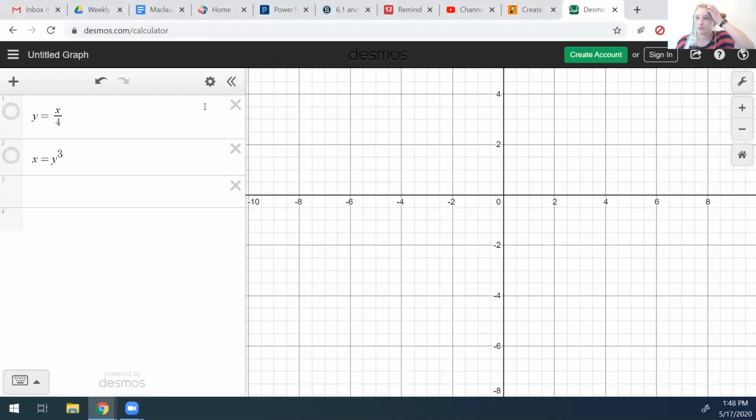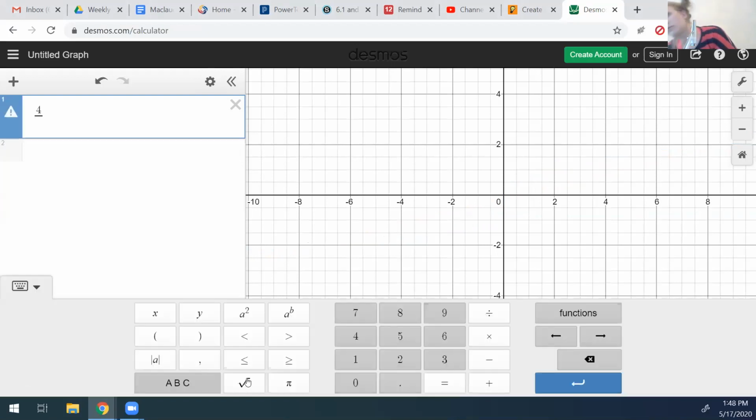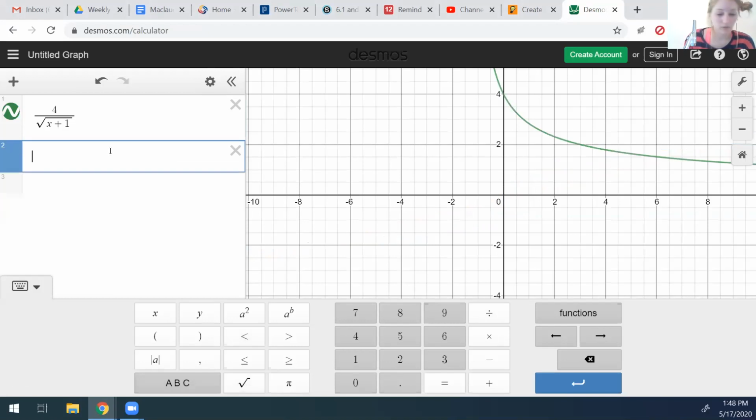I'm going to go ahead and graph these. So we have 4 divided by the square root of x plus 1, and x minus 1.